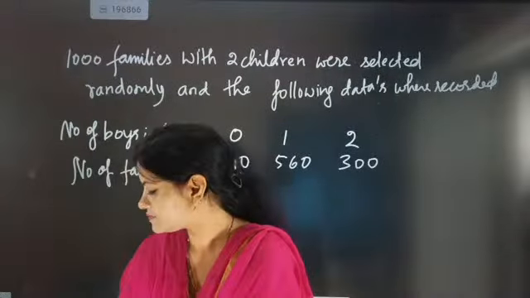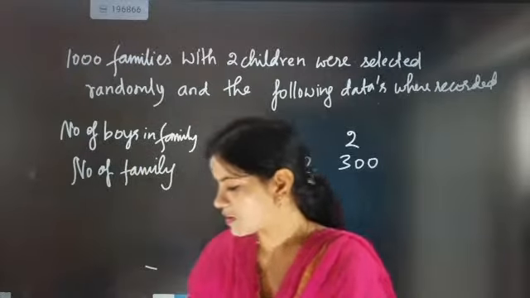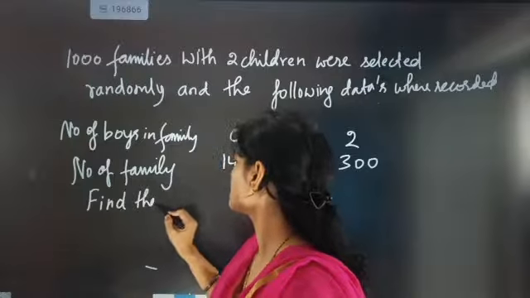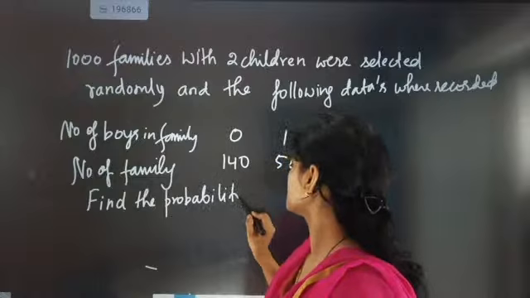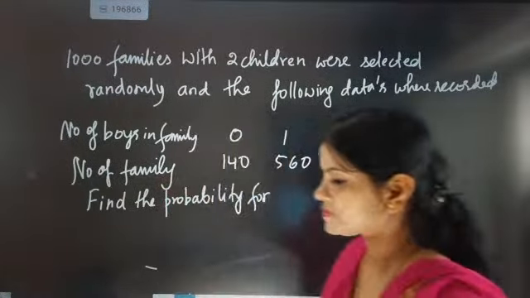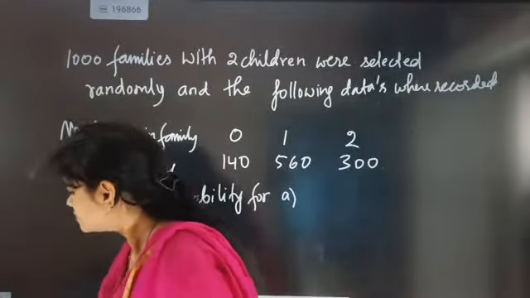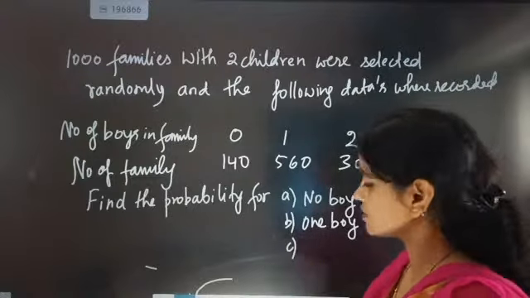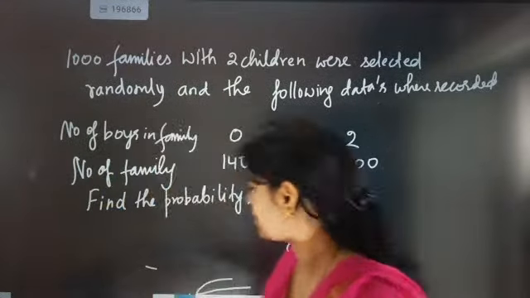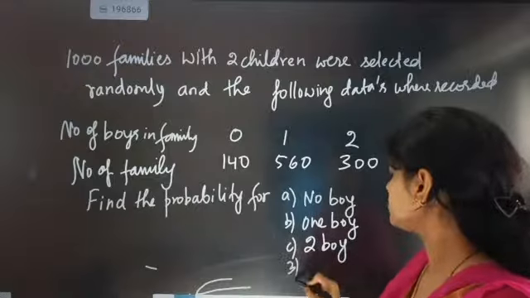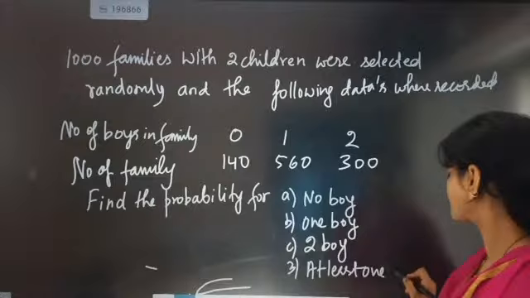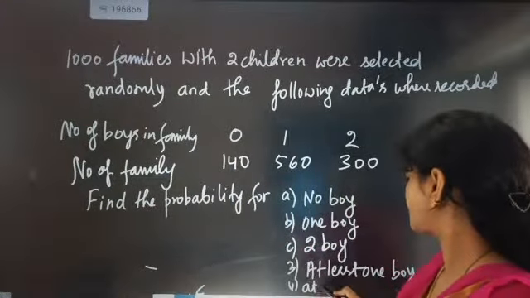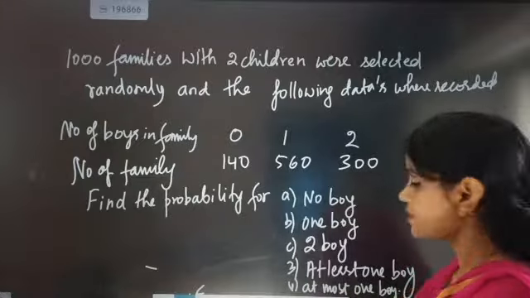Now question is, you have to find the probability for: no boy, 1 boy, 2 boys, at least 1 boy, at most 1 boy.